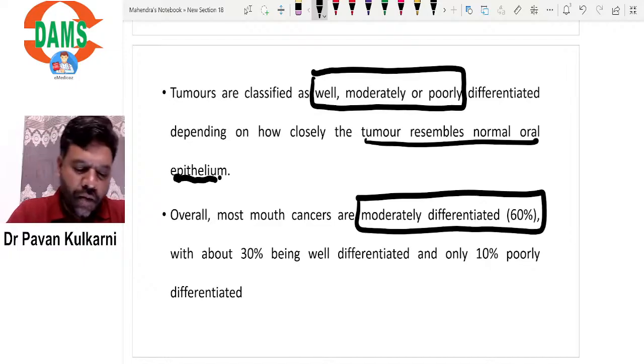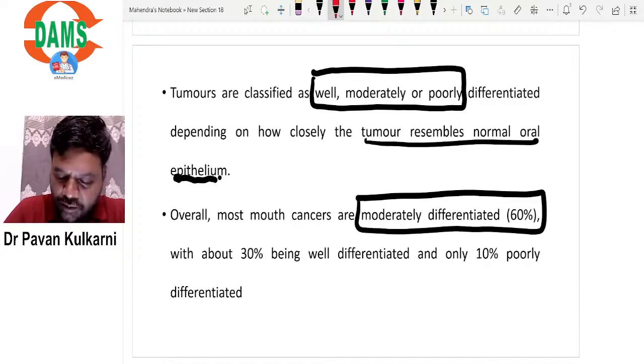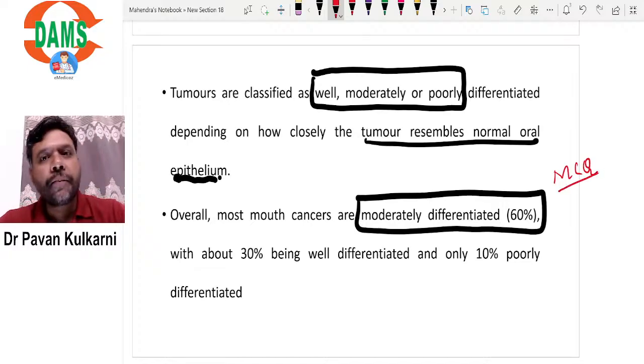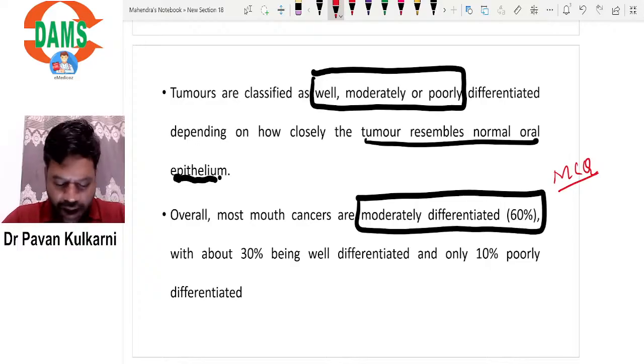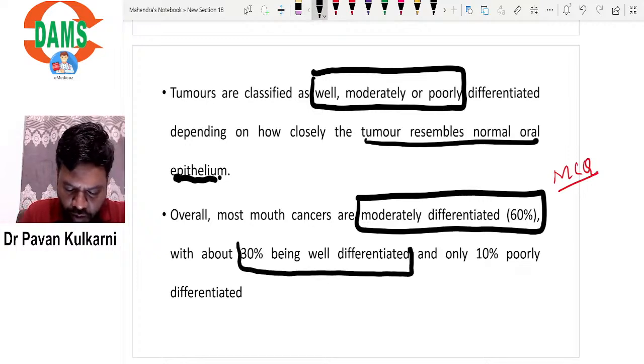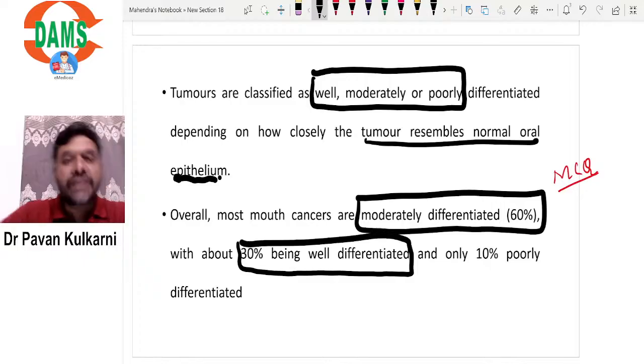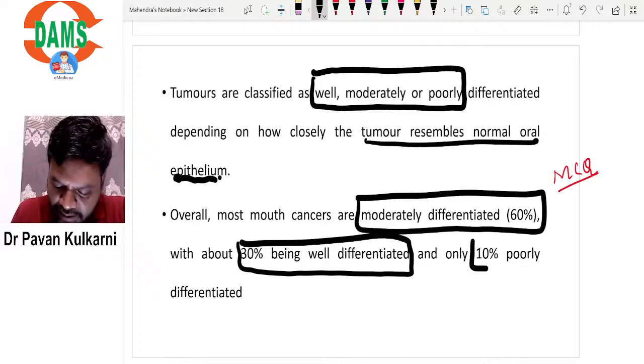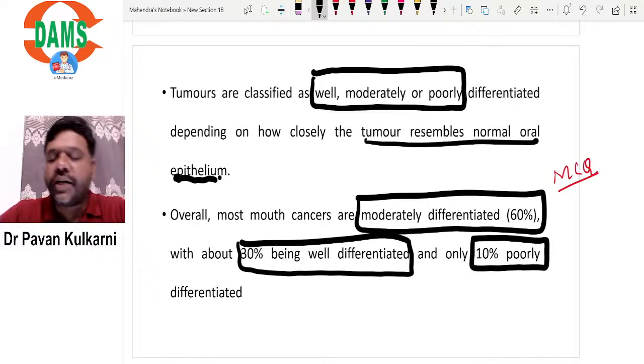This can be a very potential point that can be asked as an MCQ in any of your entrance examinations. Around 30% is well differentiated, 60% is moderate, and only a rare 10% is poorly differentiated squamous cell carcinoma.